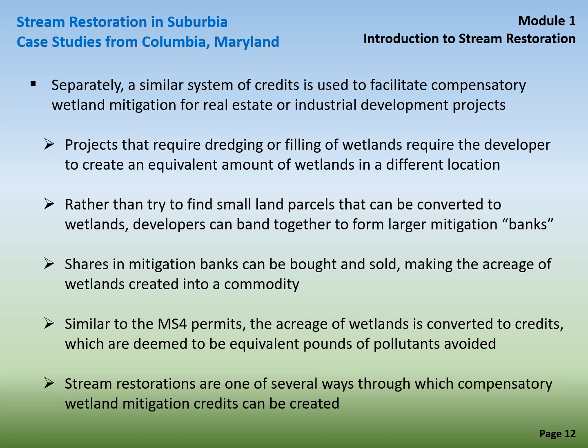And so what they do instead is they band together and form mitigation banks. So instead of each individual developer trying to develop their own tiny wetland, a private company will develop a larger scale mitigation bank, maybe 10 acres, maybe 20 acres.